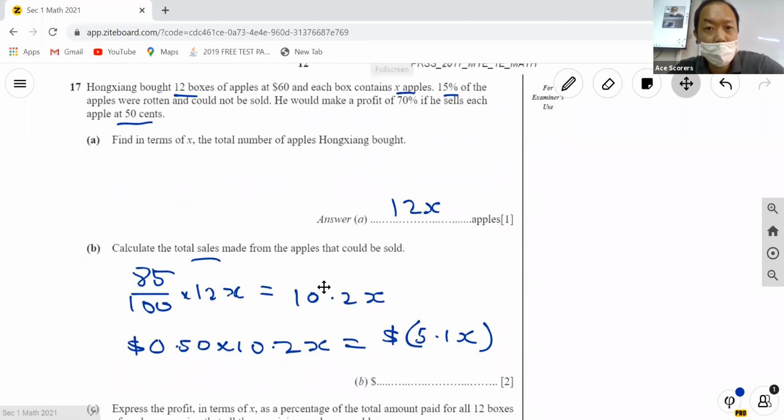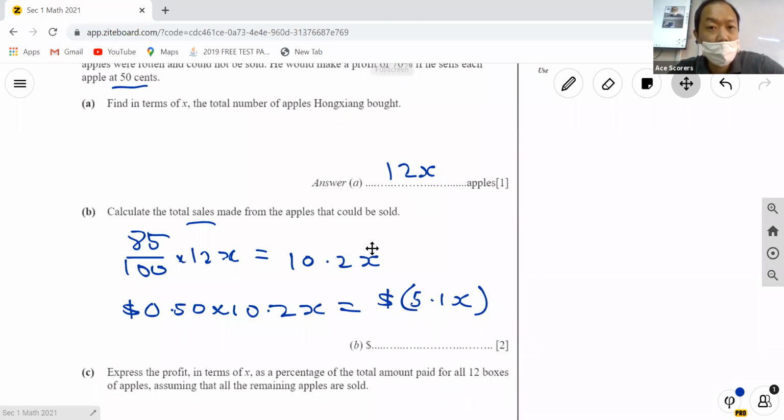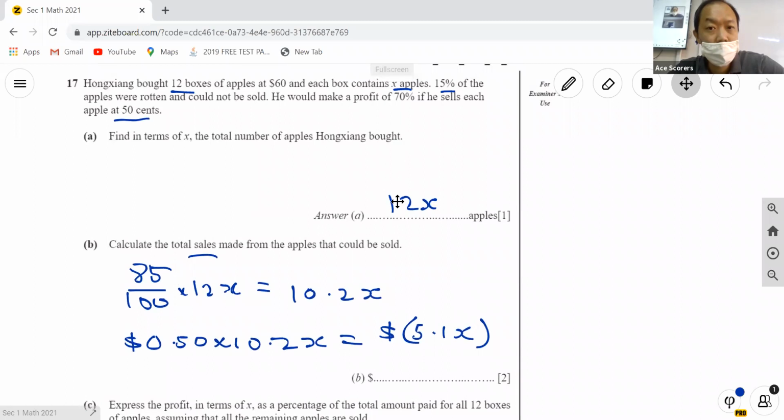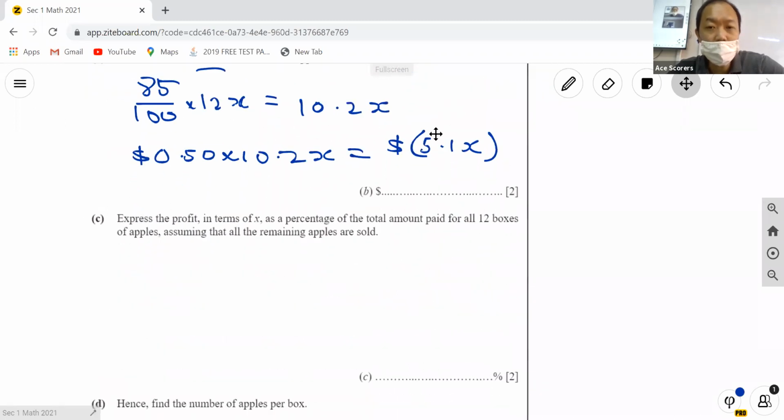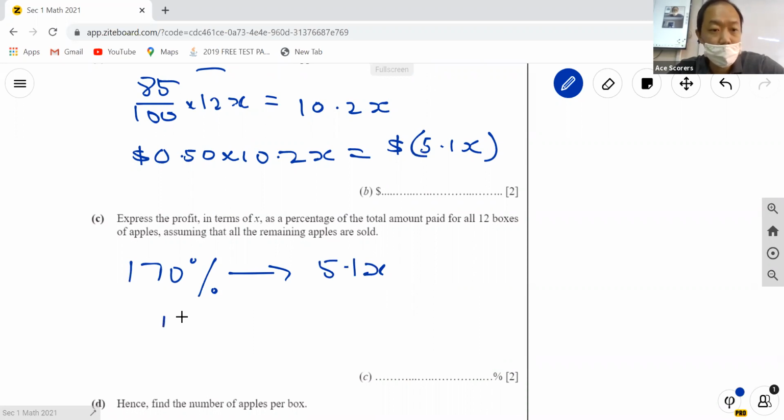So this is 0.7. Okay, so that means the sales is 170%, because they made a profit of 70%, right? So 170% is 5.1x. I want to find what 1% is, so I take 5.1x divided by 170.